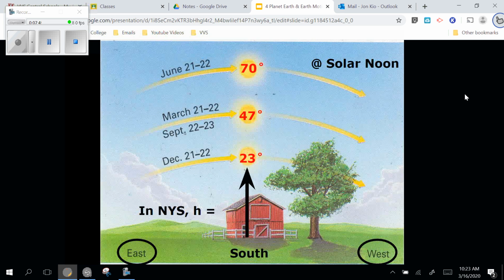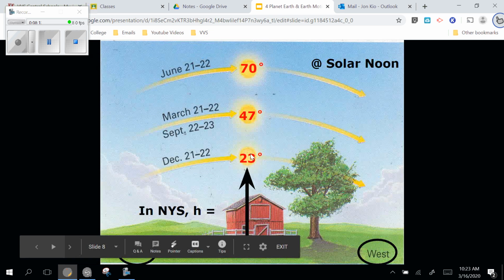All right, here's a little picture of what the path of the sun would look like on any particular day. All right, we had those 4 key days of the year. We had our first day of winter, our first day of spring or fall, and our first day of summer. Notice in winter, the sun doesn't get very high above the horizon. This is facing south, right?